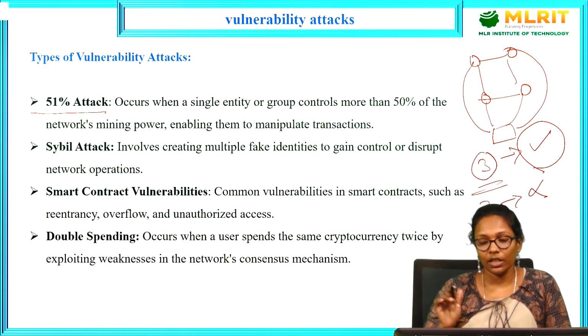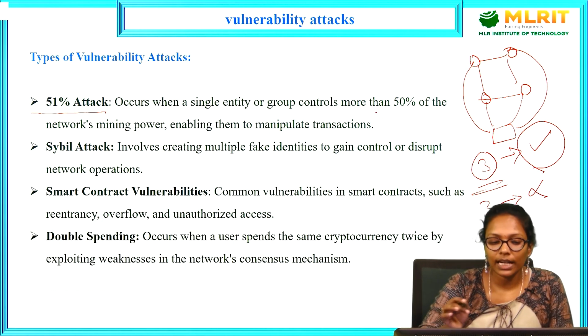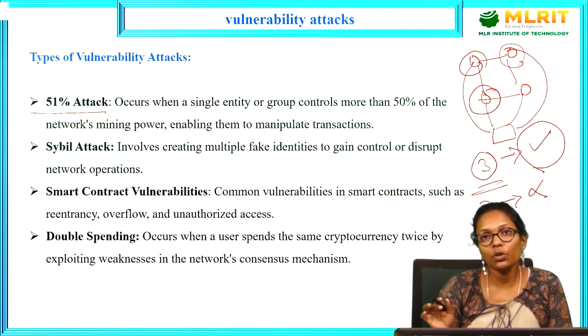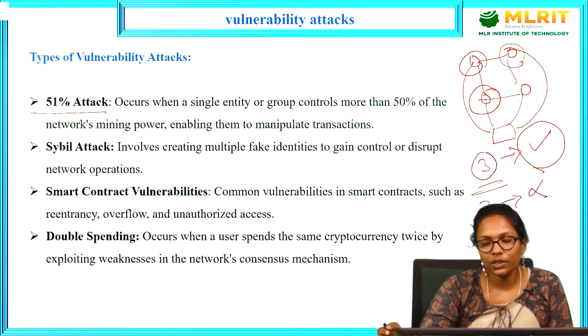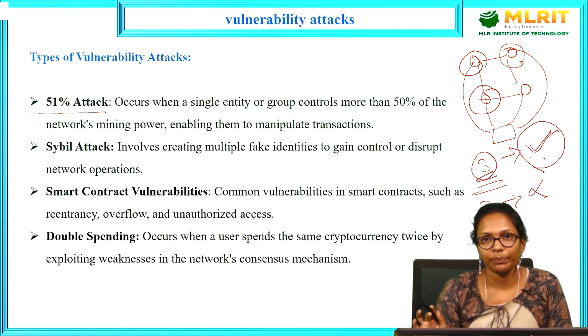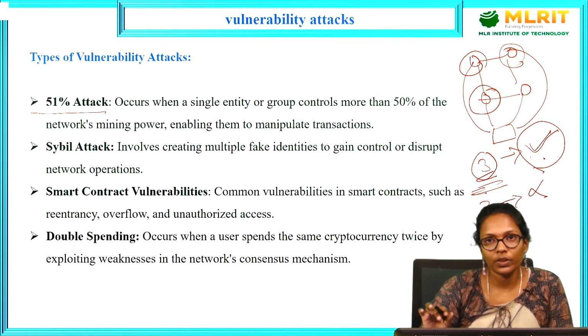A 51% attack means that out of these 4 nodes, consider 3 nodes are malicious nodes. They are not legal nodes. They know this transaction is not valid, but still they will say this transaction is valid. Why? Because they are not trusted, they are illegal or malicious nodes.